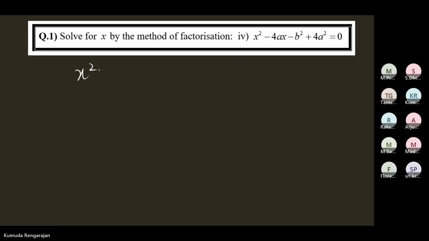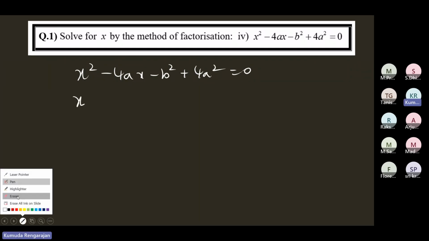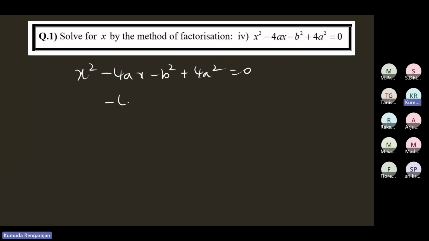So the given equation is this one. Write x square, write this minus 4ax. There is a and there is x. So that means there should be this a square and x square.